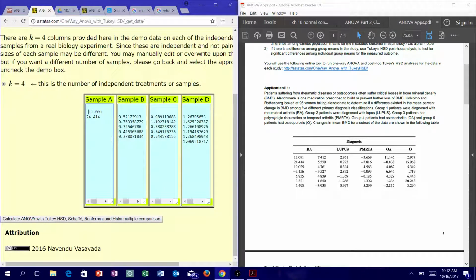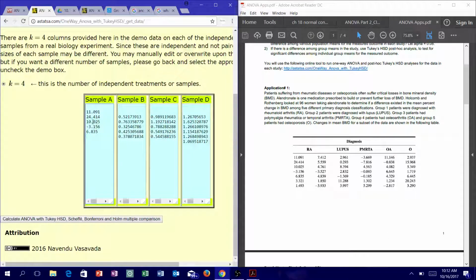So for this application 1, it has 2 columns for rheumatoid arthritis. You just enter all that. We're starting off with application 1.